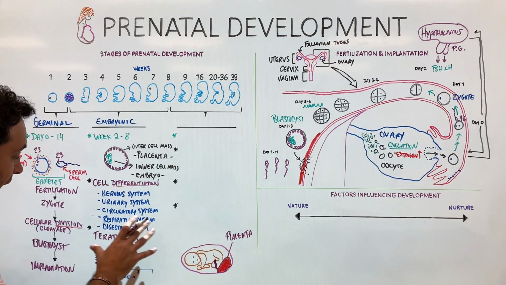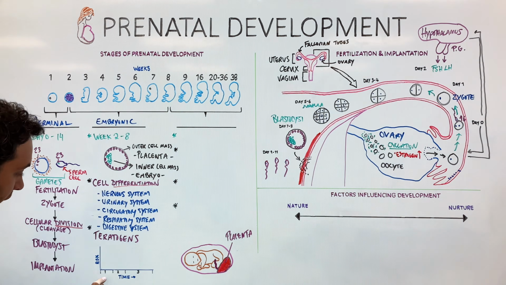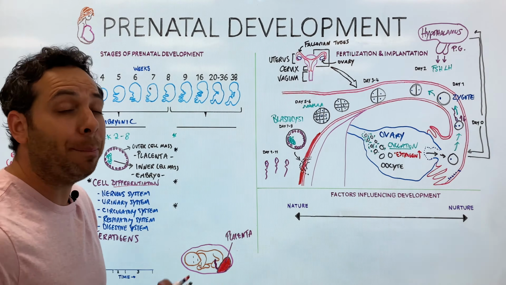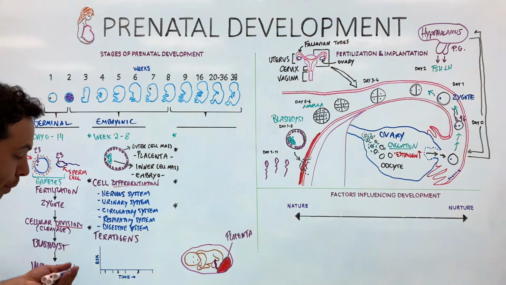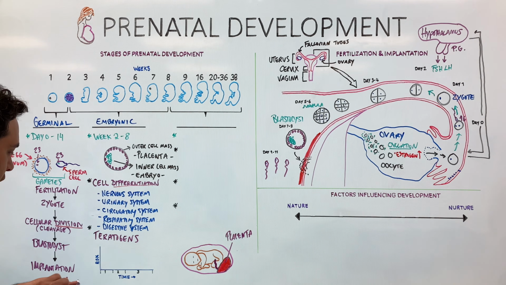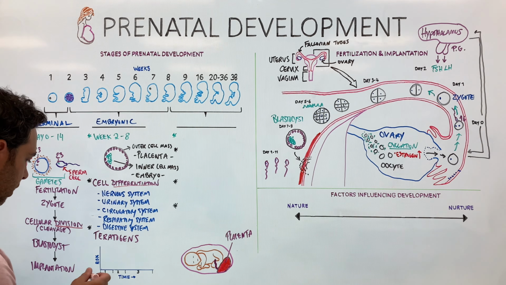We can even look at it on a graph what this would look like. So we have stage 1, 2, 3, right? This is the germinal stage and the embryonic stage. And this is the risk, right? The risk of something bad happening to the embryo or baby, growing baby. And if we take a look at this graph, I'll use this marker.